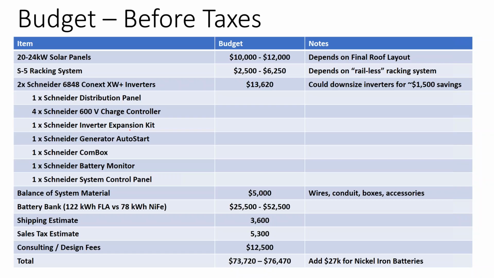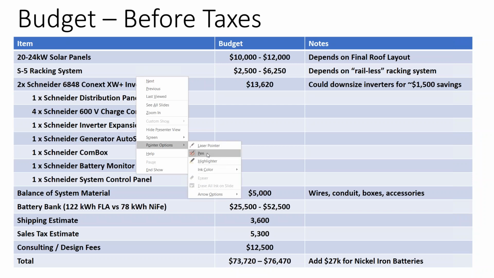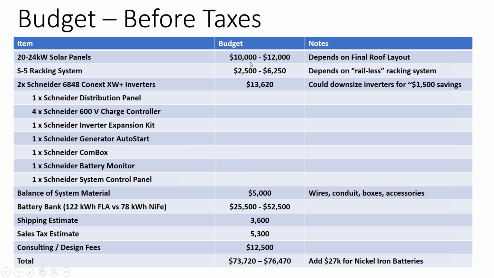Looking at our project budget, we said, okay, well, we're going to aim for around a 20 to 24 kilowatt array. We're going to be buying by the pallet. So whatever the pallet quantity comes out to, that's how we'll decide it.